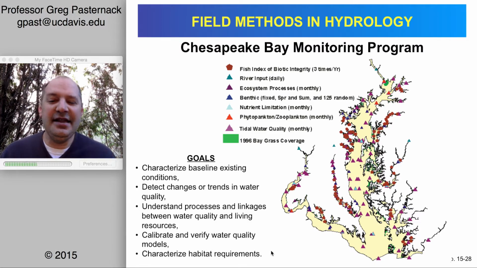You can see in this program many of the different kinds of monitoring that we're interested in, when I presented the different kinds of field research. We've got model calibration and testing. We've got just measuring and monitoring campaigns.